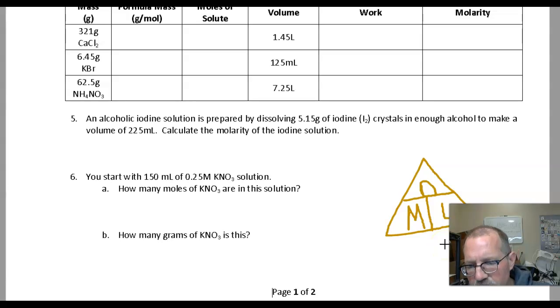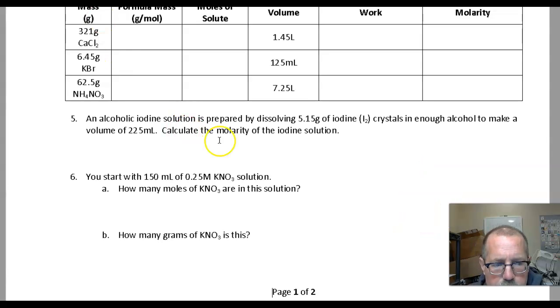You may see it as volume also. But in molarity problems, we have to have it in liters. So we need to remember that, and the way I do is I use the L. Dilution problems, not necessarily the case, as I'll show you in a little bit. So you want to remember to use that golden triangle.